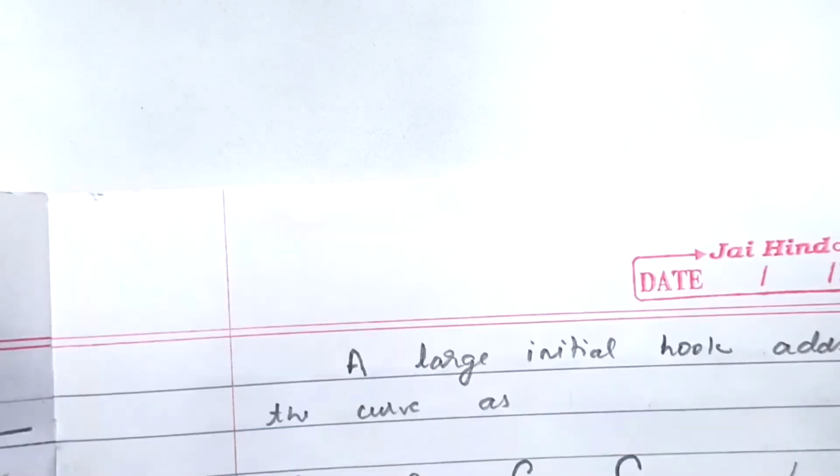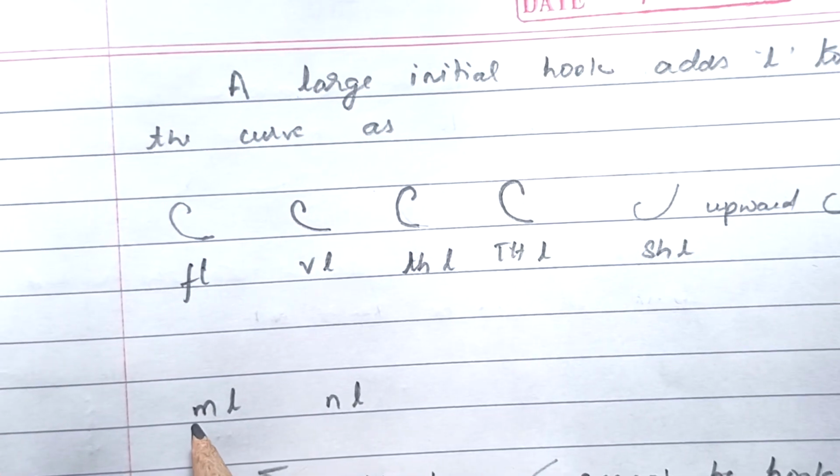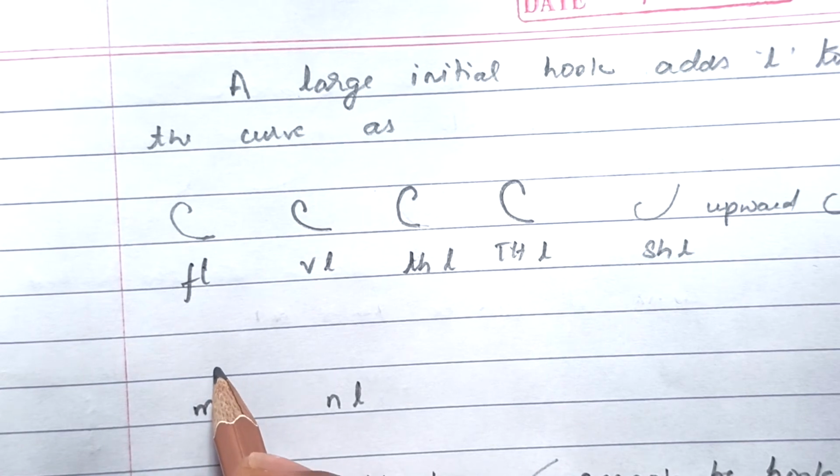Then M L and N L, the horizontal strokes again. Here the larger initial hook is written inside the curve.